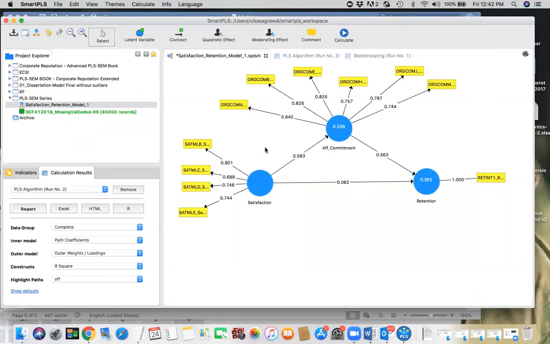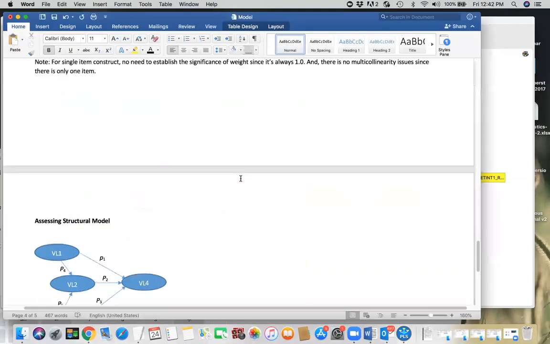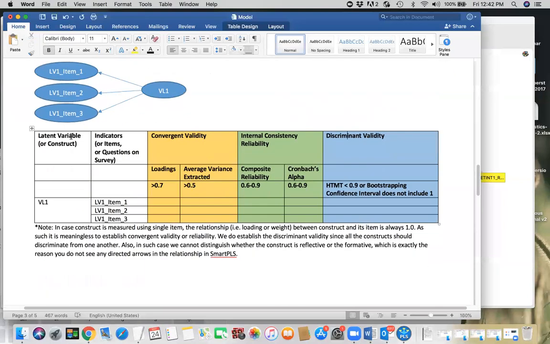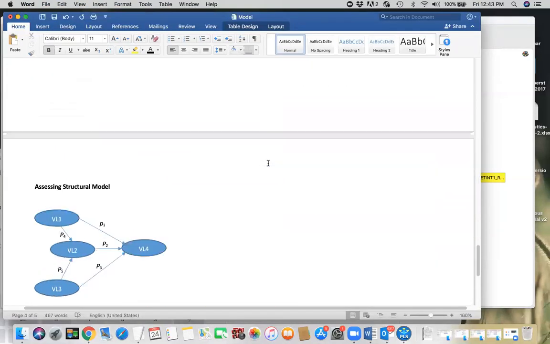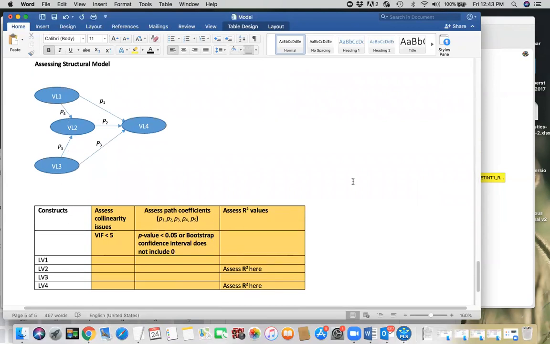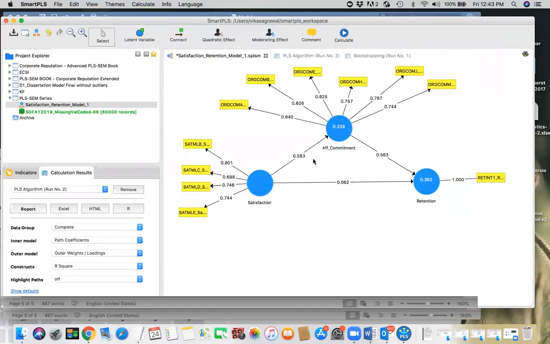When you write it down, you will have to write the measurement model evaluation, how you assess those measurements, whether they're valid and reliable or not. After that, you do the structural model. In the structural model, you assess the p-value, the direct path coefficients, indirect path coefficients, total effects, and the multicollinearity issues between the constructs, and you can assess the R square value, which we have done here. So this is how you do the simple modeling.